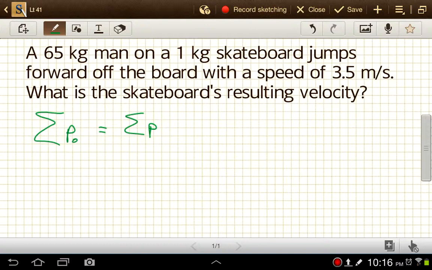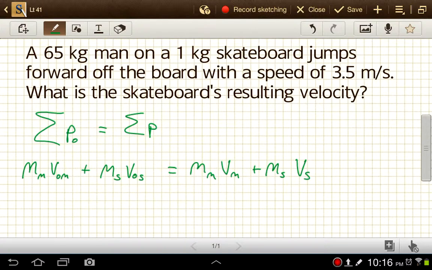So I'll say mass of man times velocity initial for the man plus mass of the skateboard times the initial velocity for the skateboard. And on the final side, I'm going to have the mass of the man again times the final velocity for the man plus the mass of the skateboard times the final velocity for the skateboard. I'm just adding up my different momentum terms.